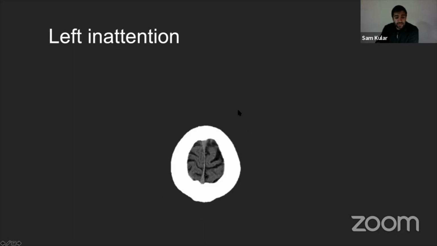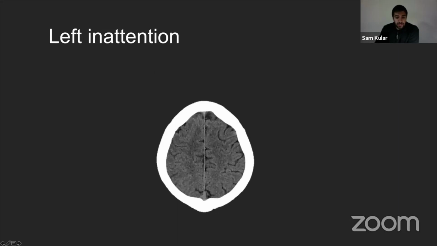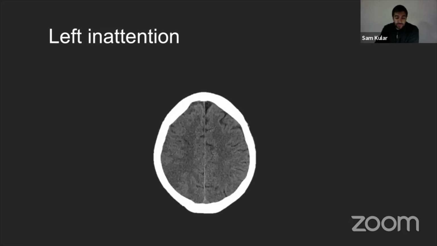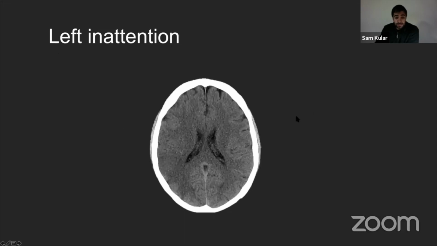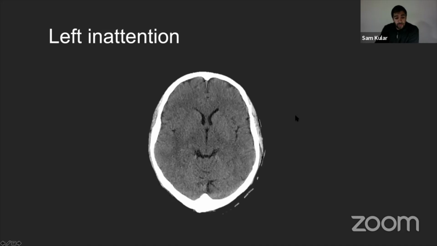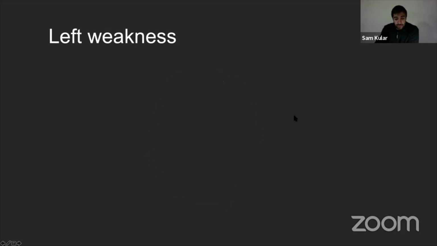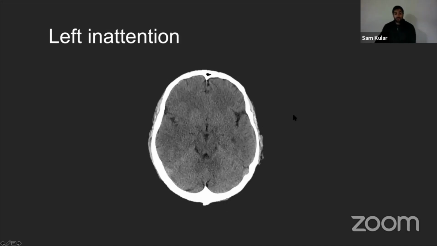Okay, so the next case, left-sided inattention. So again, we've got a history. We're going to focus ourselves on to the right side because of the left-sided symptoms. So this scan, I'm just going to go up and down a few times.